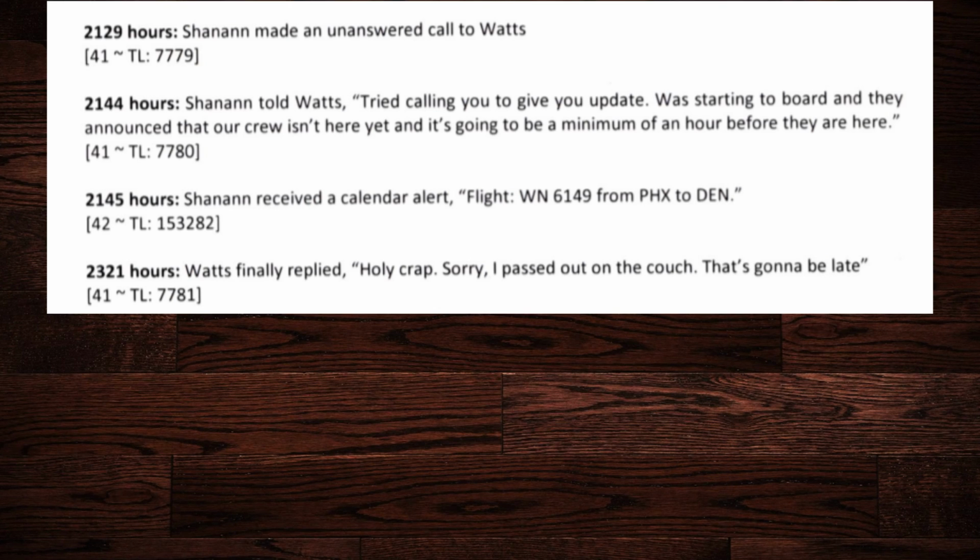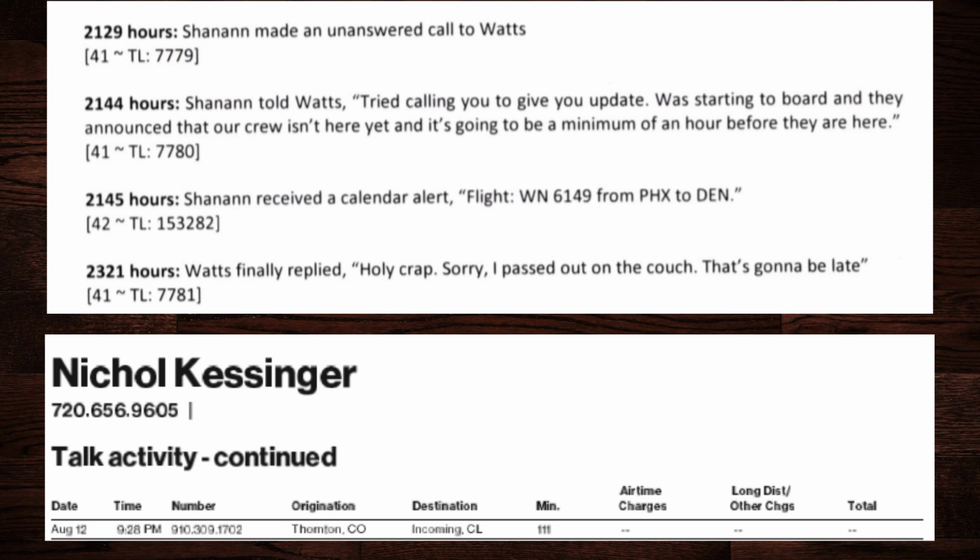Okay, this is data from Shanann's phone. You see at 21:29, which is 9:29, Shanann made an unanswered call to Watts. And we know at 9:28 is when he started talking to NK. Here are her phone records: at 9:28, he had a 111-minute conversation with NK.